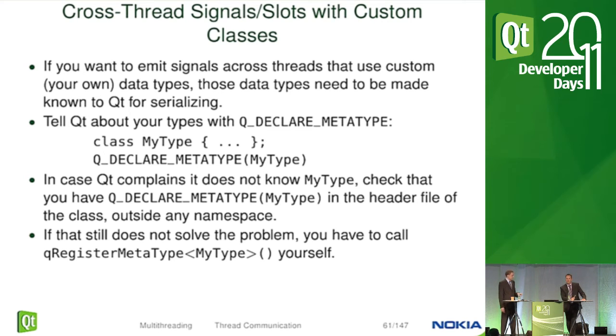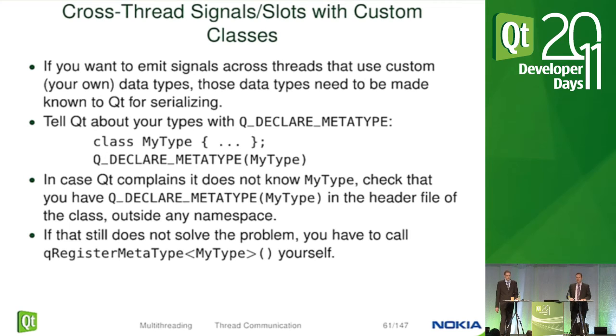If you want to emit a signal to a slot, the usual thing in regular desktop stuff, you can just emit a signal with a data type of my data, and it will make sure to copy data and get it to the other side. But it's slightly more complicated when you want to do that over a thread, because in the regular non-threaded setup, it is just the method call with a bit of pointer indirection.